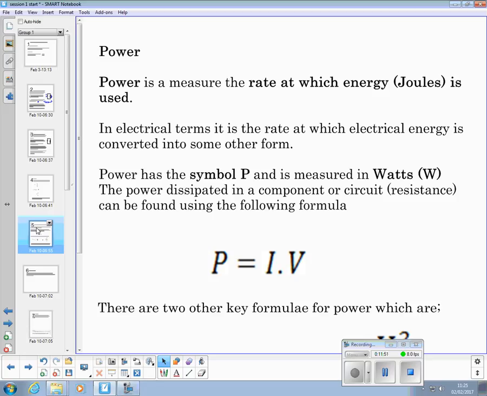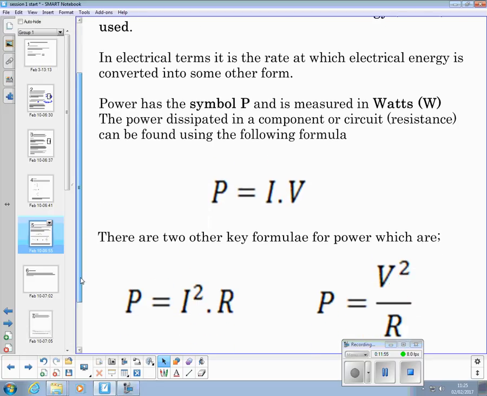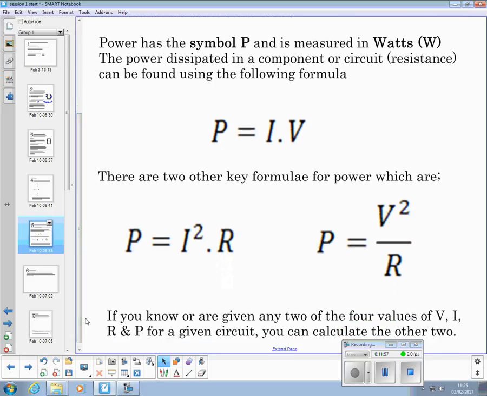There are two other formulae for power that you'll also need to commit to memory.